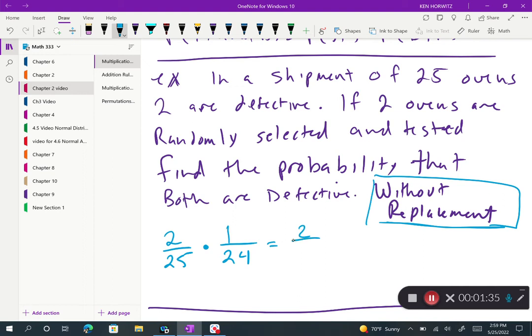We have 2 over 600 or 1 over 300. All right, so the idea is that once we test an oven, we remove it from testing again.